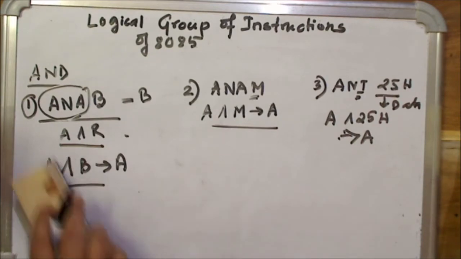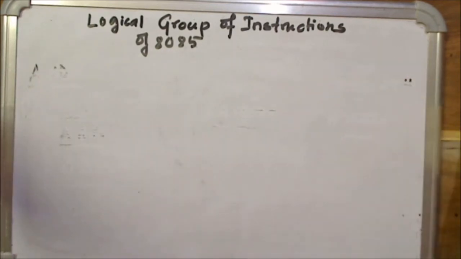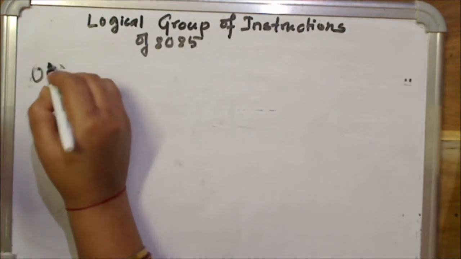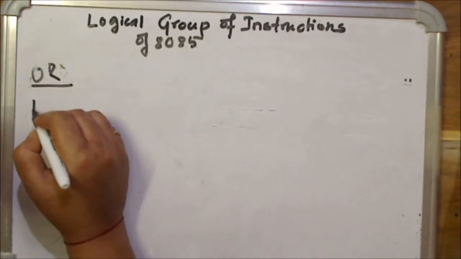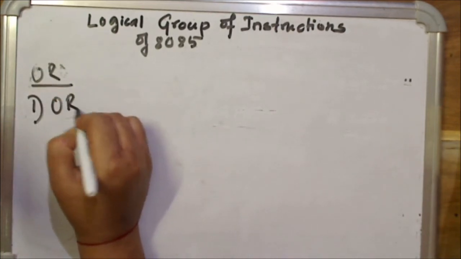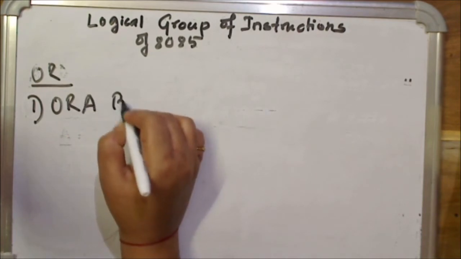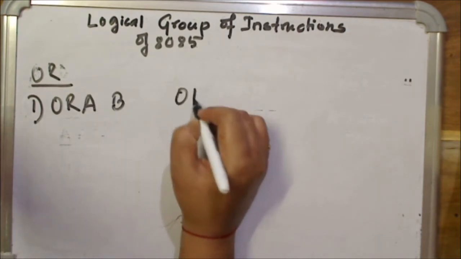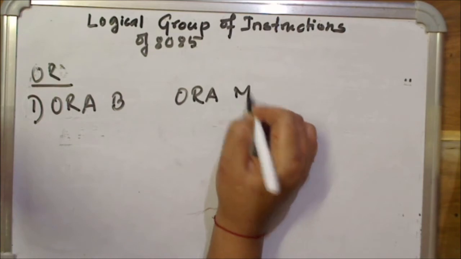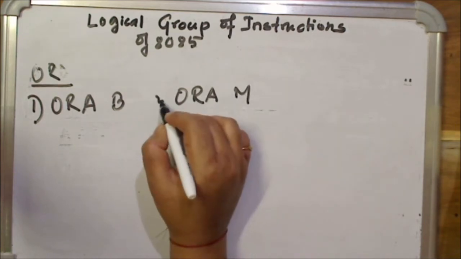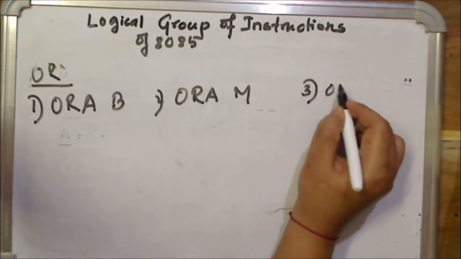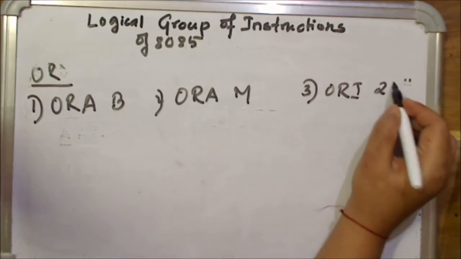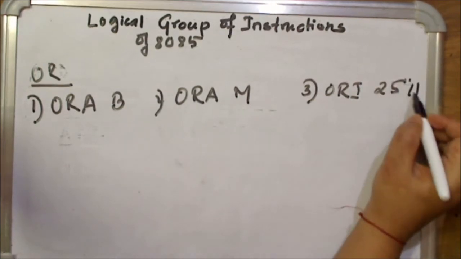Now let's take the instructions that deal with OR operation. Same instructions: ORA B, ORA M, and ORI 25H. Okay, same.